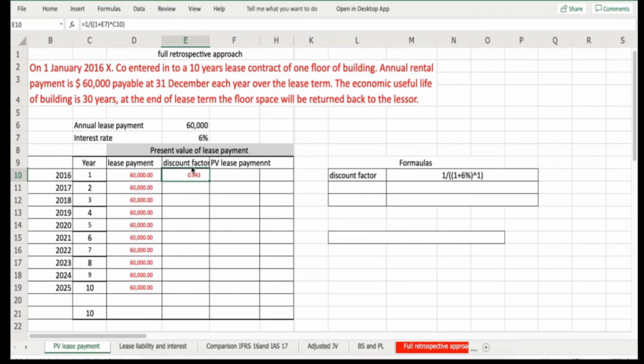If we drag this down, it's not going to give us the right result, and that's why we need to use the dollar sign. Before the discount rate, we need to apply the discount rate for all years. It means a dollar sign, and F4 if you are using Windows.